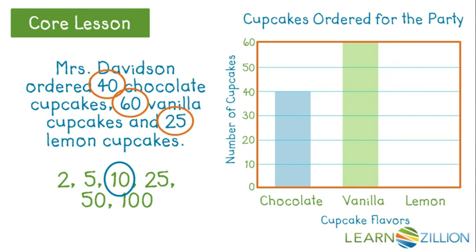While you don't say 25 when you count by tens, 25 would be clear to represent on this graph, because 25 is right in between 20 and 30. It looks like a scale counted in increments of 10 would be the best way to clearly show our information.